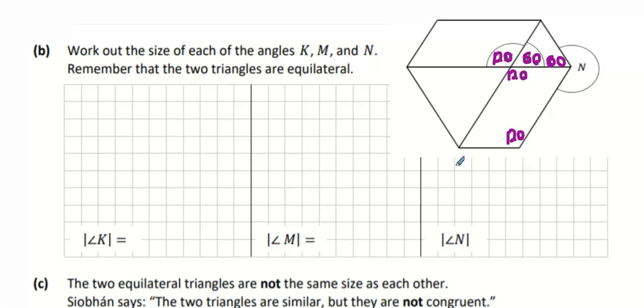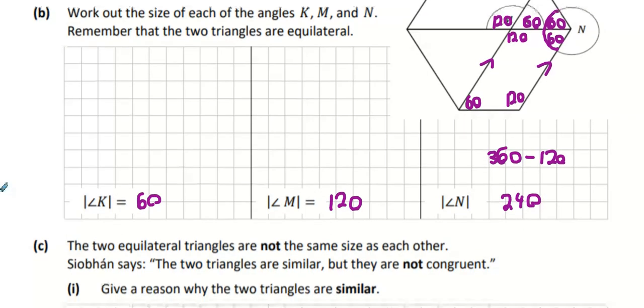Sum of two interior angles, because they're both parallel, so they have to add up to 180. So that makes that one 60, and that one 60. So K is 60, M is 120, and N is going to be 360 take away 120. See the two 60s here? So that's going to be 240.